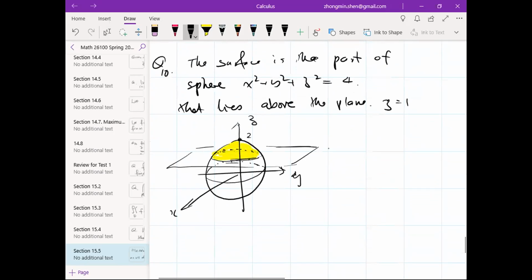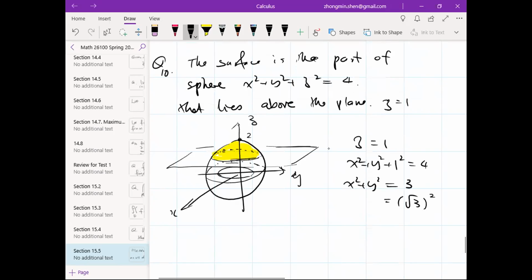The question: how do you set up the integral? When z equals 1, I want to find the equation for xy. So x squared plus y squared plus 1 squared equals 4, so x squared plus y squared equals 3. So this is above a disk. The domain D is the disk with radius square root of 3.